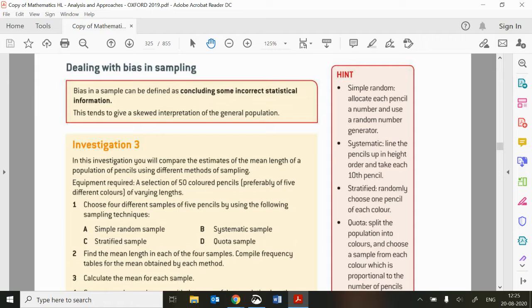Well, that would be a biased situation, because the way we've constructed the sample is to only take from a really top group of students. So we'd have a skewed interpretation. We would expect people who put a lot of effort into their homework, perhaps more than in other groups. So there's an example of bias.